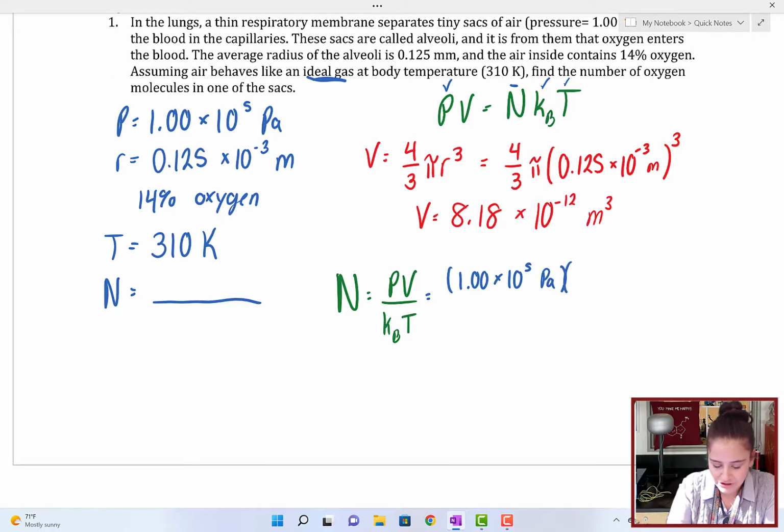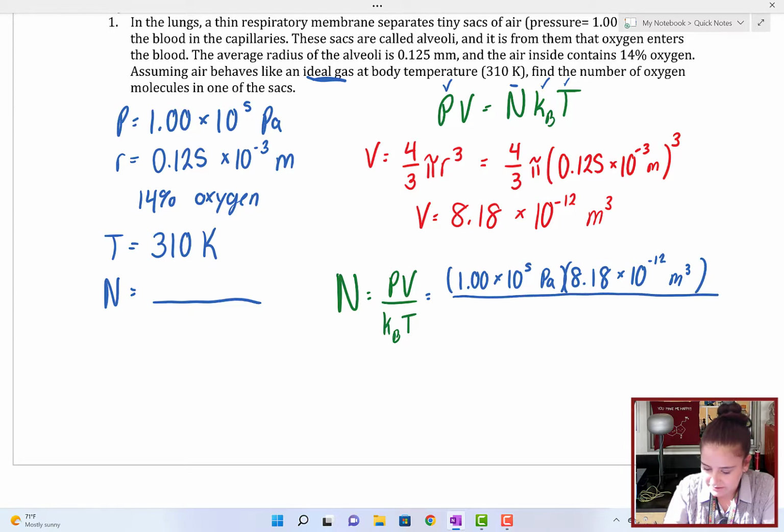And then I'm ready to plug in my numbers. I have my pressure, 1.00 times 10 to the 5th pascals, times the volume, 8.18 times 10 to the negative 12 cubic meters, divided by kB, 1.38 times 10 to the negative 23 joules per Kelvin, times the temperature, 310 Kelvin.